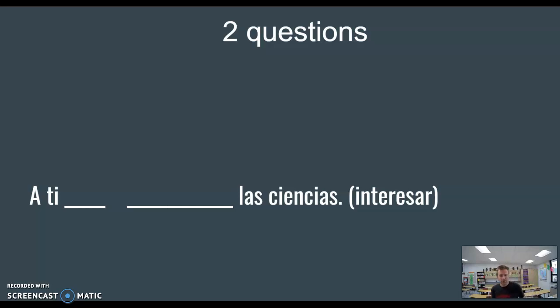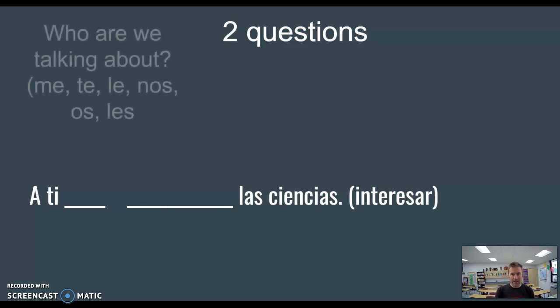So what I do is when we're talking about verbos como gustar, siempre hay dos preguntas. La primera pregunta es, who are we talking about? Who is the person that's expressing this opinion, right? In this case, it's tú, okay? A ti. So then, which one of these indirect objects are we going to use? Well, in this case, if it's a ti, it is te, right?